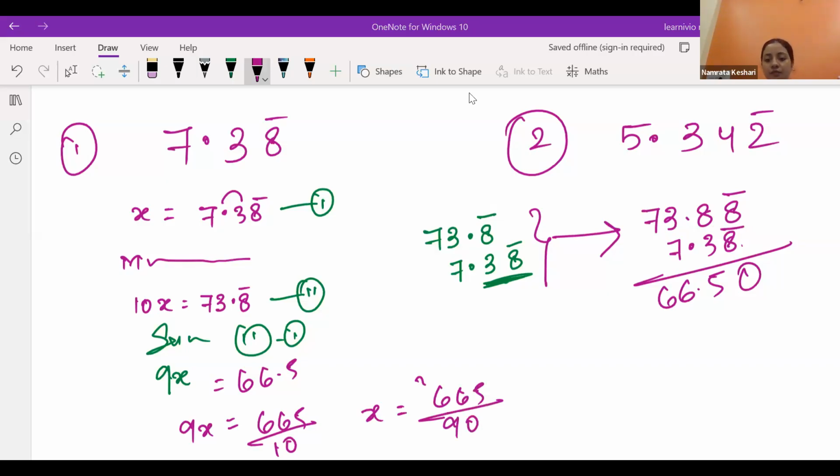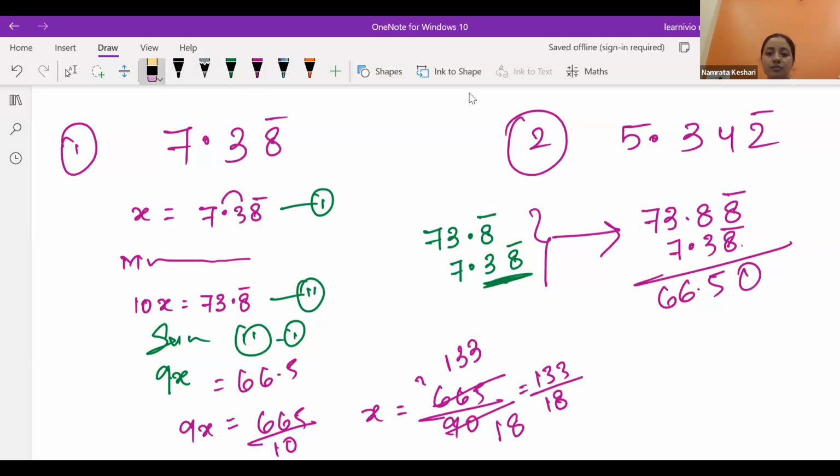We can reduce it to the lowest terms as well. Okay. That means 5 1 times 5, 5 3 times 15, 5 3 times 15, and then 5 1 times 5, 8 times 40. This way also we can reduce it. Clear? Yes, ma'am.